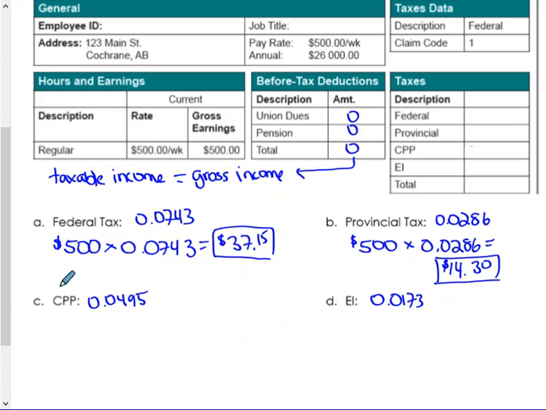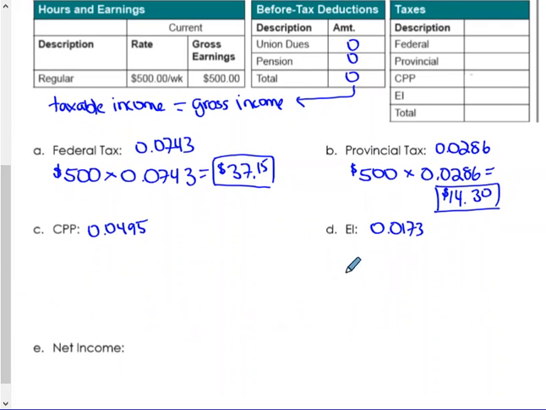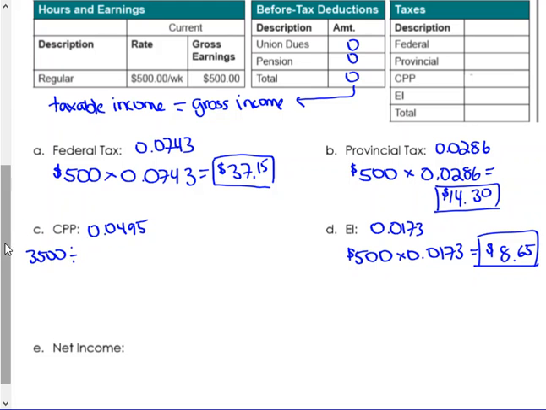Okay, skipping CPP for a minute. EI, calculate the same way. Our taxable income, in this case our gross, so 500 times 0.0173, we get $8.65. And lastly, our CPP. Remember, first we have to do that 3,500 divided by our number of pay periods. So weekly pay periods, divide by 52.